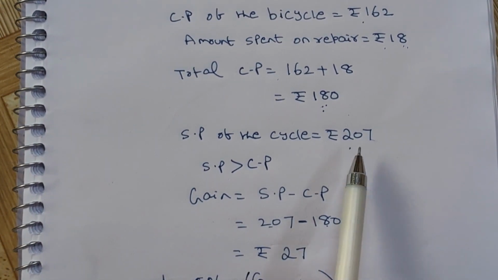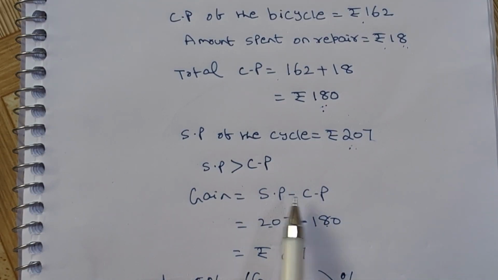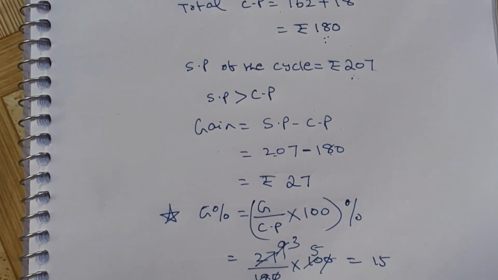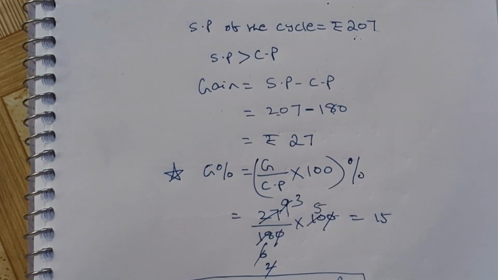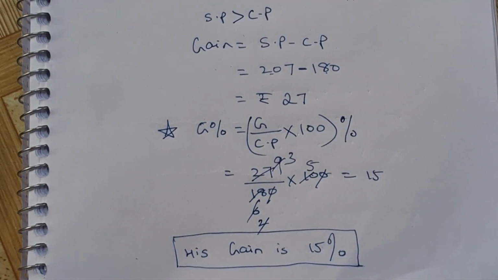So SP of the cycle is 207. Now since SP is greater than CP, it is a gain, which is given by SP minus CP. 207 minus 180 is 27. Now gain percent is gain upon CP into 100%. So 27 upon 180 into 100. Do the calculation. So it is 15. So his gain is 15%.